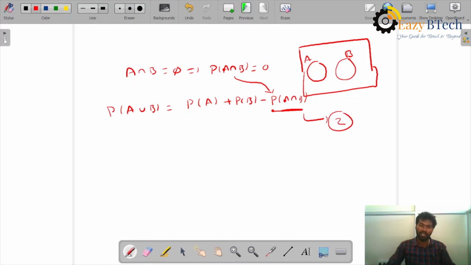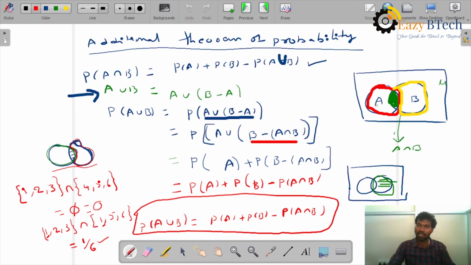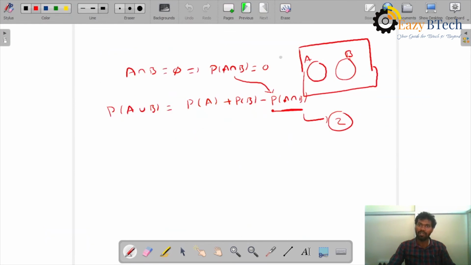In the first part you are assuming the events are not mutually exclusive. In the second part you are assuming events are mutually exclusive. So these are the only two combinations of two events.